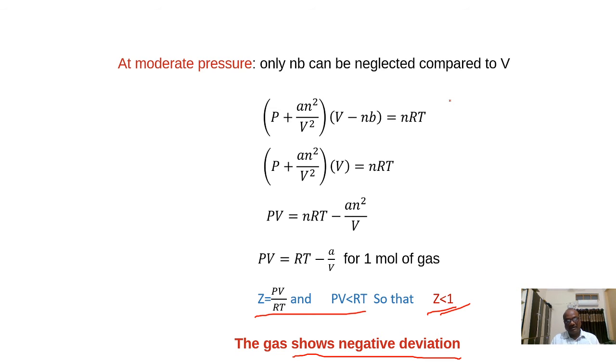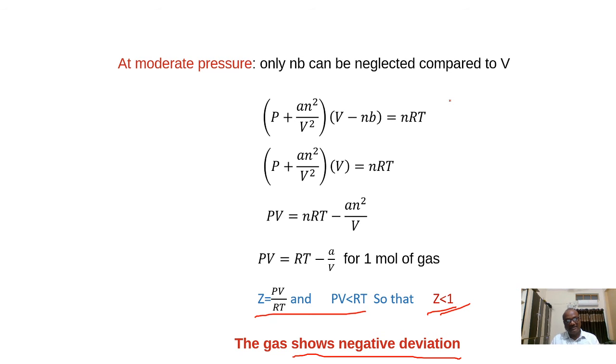We have discussed the values of Z in first lesson, is it? Z is equal to 1 for ideal gas, Z is greater than 1 or Z is less than 1 for real gas. If Z is greater than 1, it shows positive deviation, and also it indicates intermolecular repulsive forces.